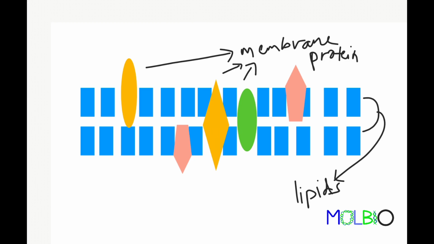And we also have cholesterol molecules. So what cholesterol does is it gives rigidity to the lipid bilayer, or it makes it less fluid, less flexible.